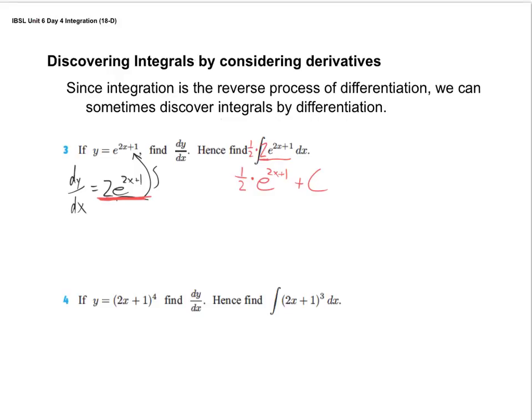That's the whole point of why we're allowed to do it. Why did I put the 2 in front? So it would match this, because I know this is the derivative of this. So if I take the integral of this, it would get me back here. I needed to make what was inside here match something I knew the integral of.